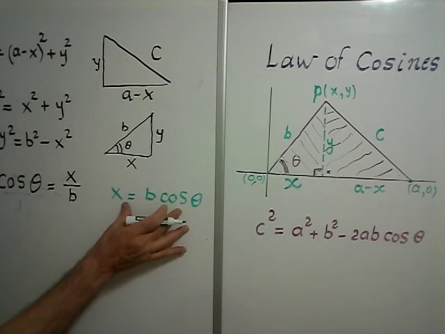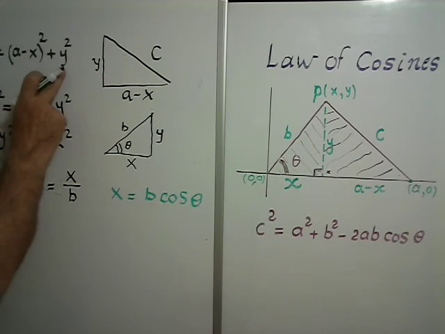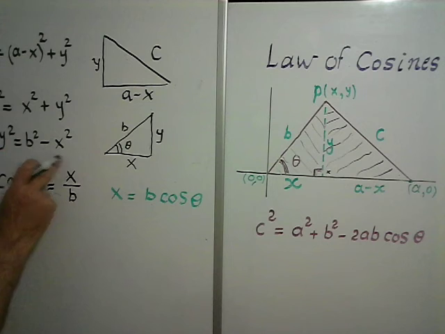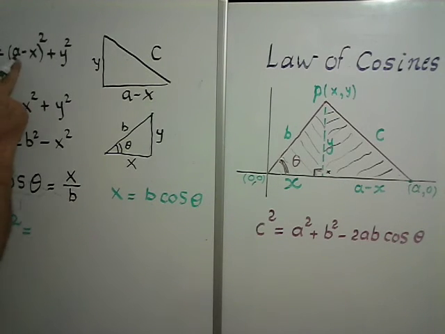Now make the substitution about x and about y squared. Okay? So c squared is equal to, if you first remove the brackets here, when we expand this we get three terms.